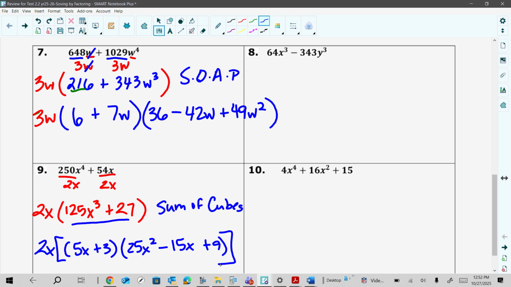And then I don't think I can factor this any further. Square root of that's 5 and that's 3. Because it's not a perfect square trinomial. And then that's going to be it right there.